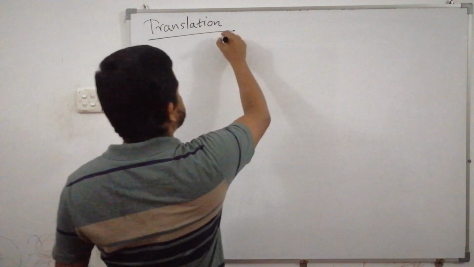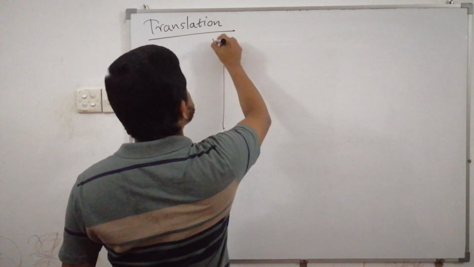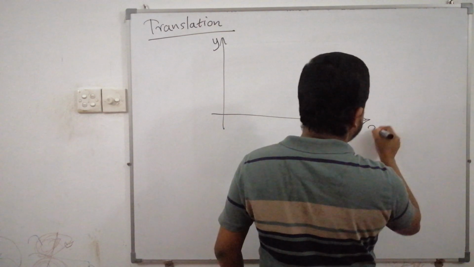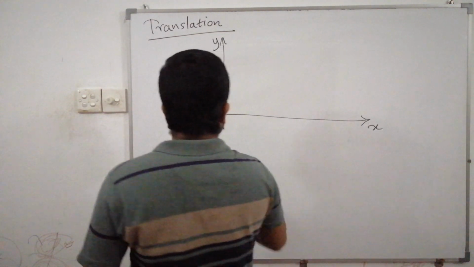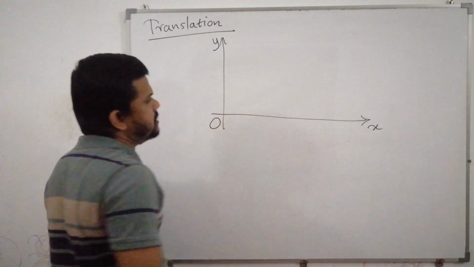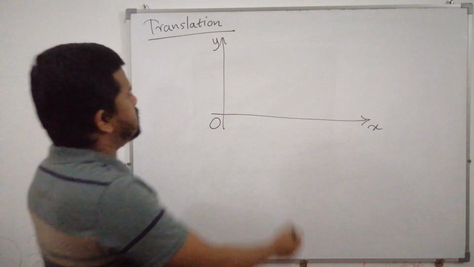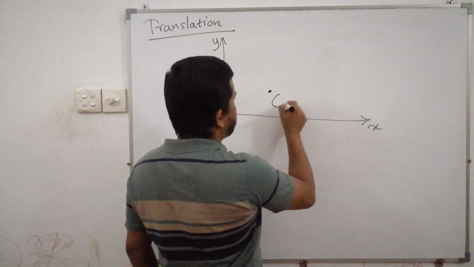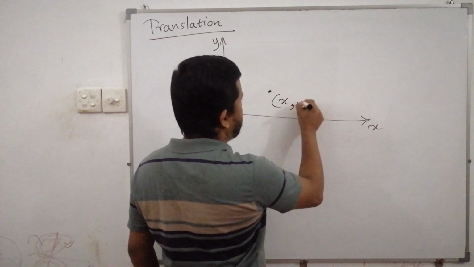This is the y-axis and this is the x-axis. Here we have the origin. Suppose we have a point here with coordinates x comma y.